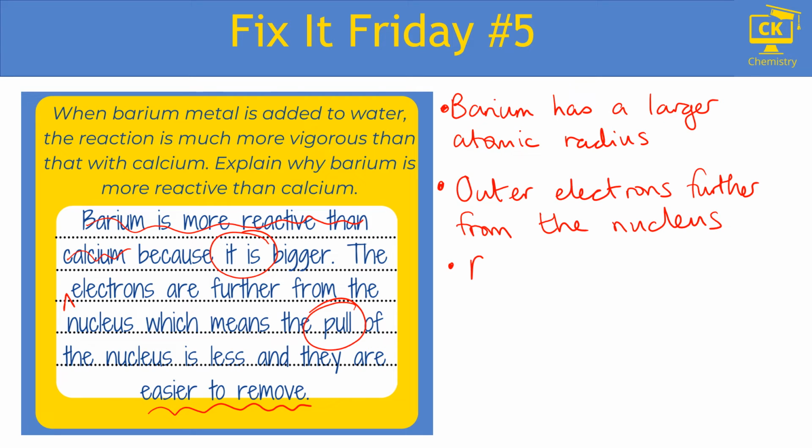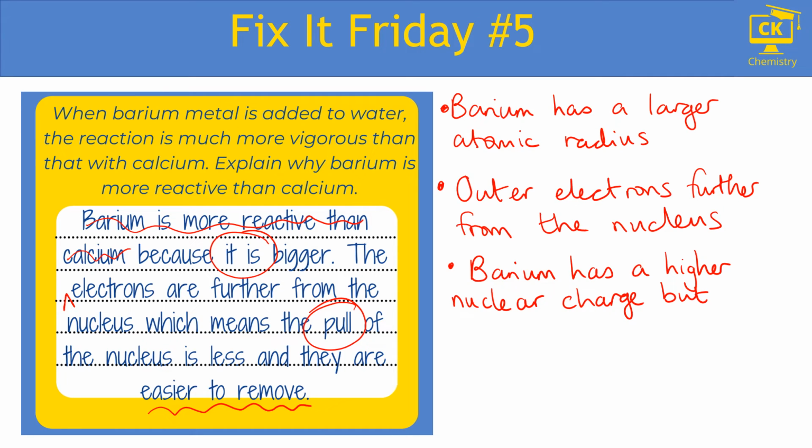Well, barium has actually got a higher nuclear charge. It's further down the group. But, so we're going to say that is larger. But what else increases down the group? So as well as the distance between the nucleus and the outer electrons, there are far more shells of electrons in between, or at least in the case of barium and calcium, there are 2 more shells of electrons in between.